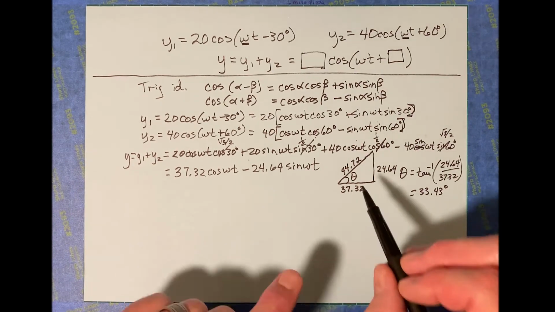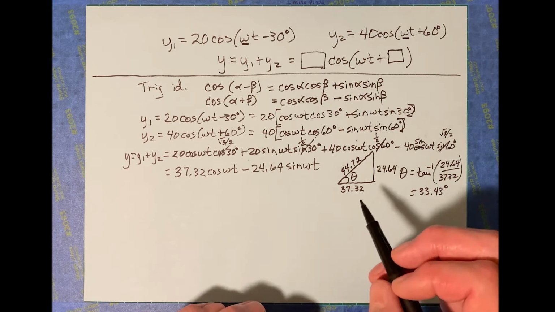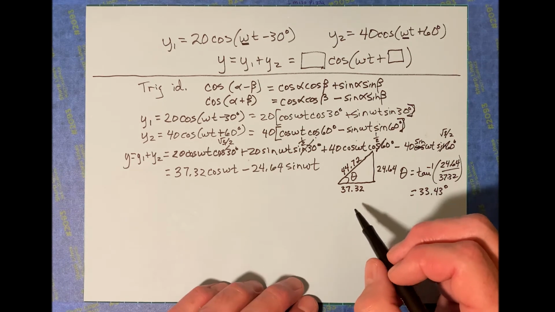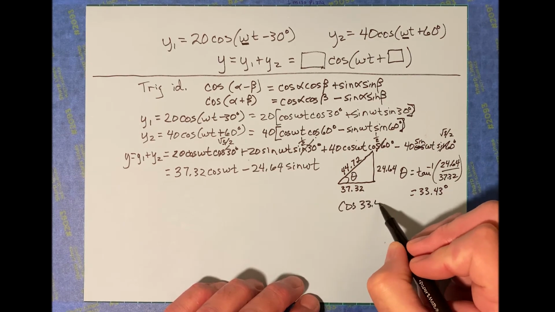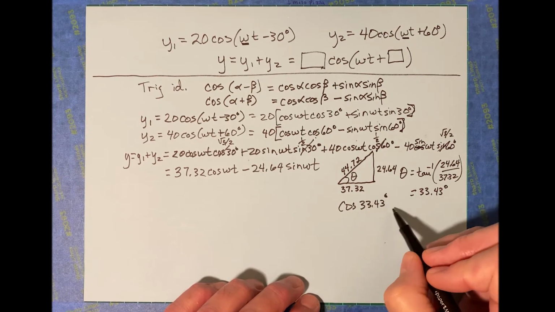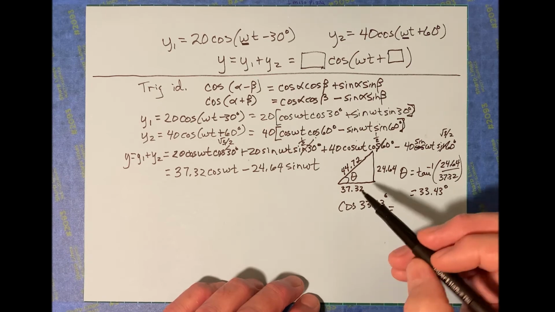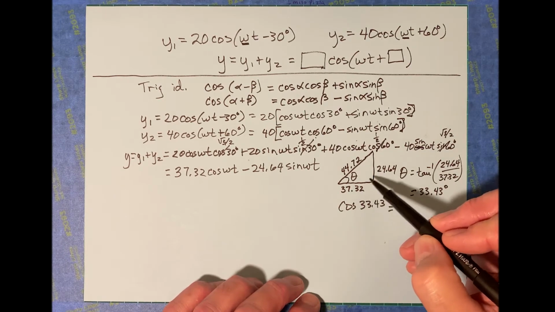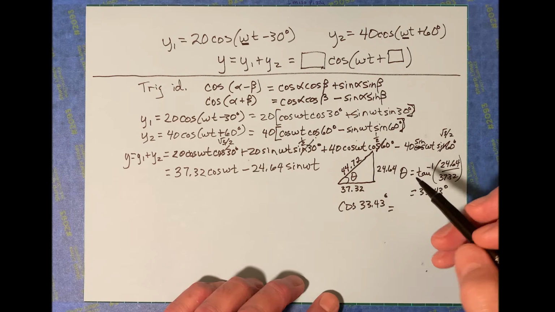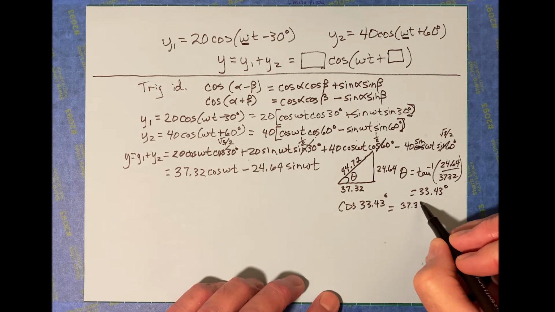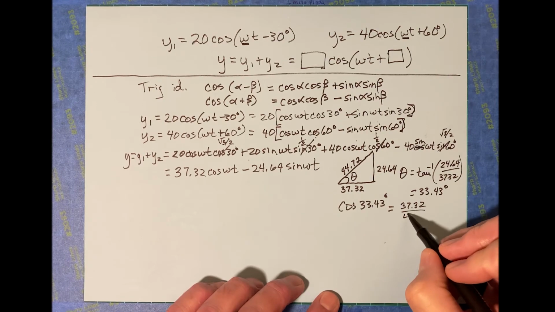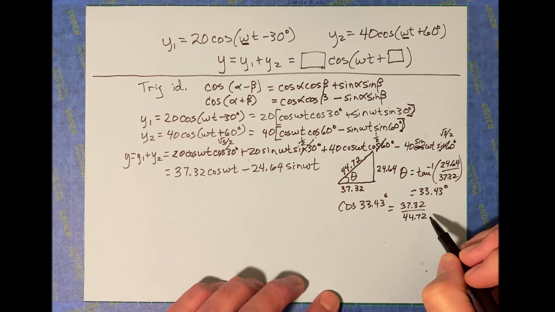Now, why do I need this? Well, I need you to know this. The cosine of 33.43 degrees is going to equal the adjacent over the hypotenuse, so that equals 37.32 divided by 44.72.